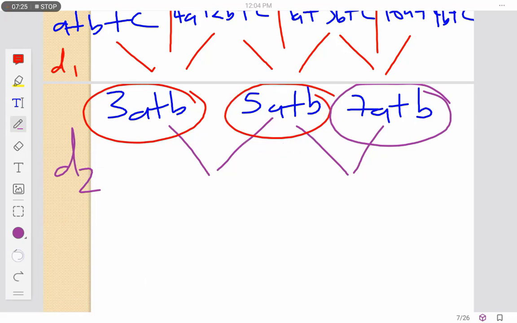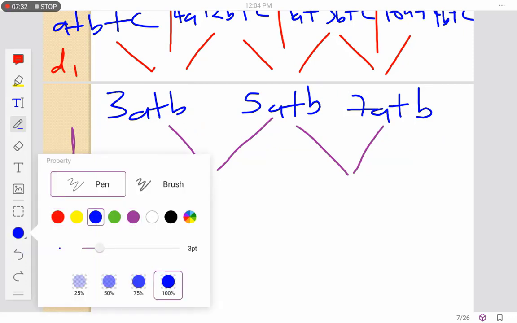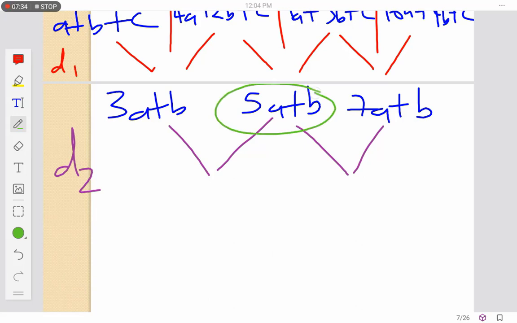So starting with the first one, 5A minus 3A, I get 2A. B minus B, I get 0.